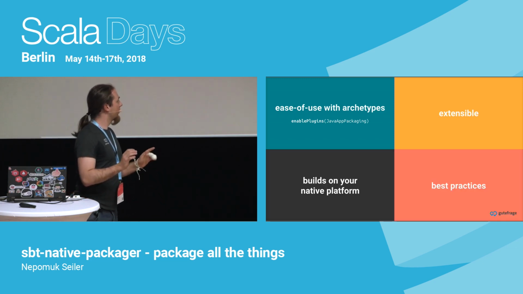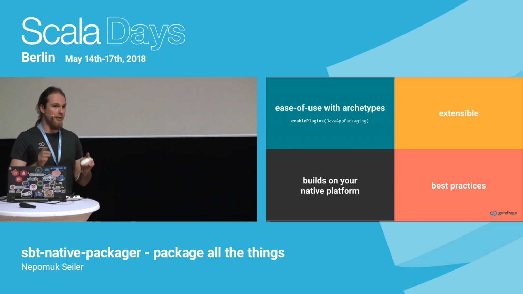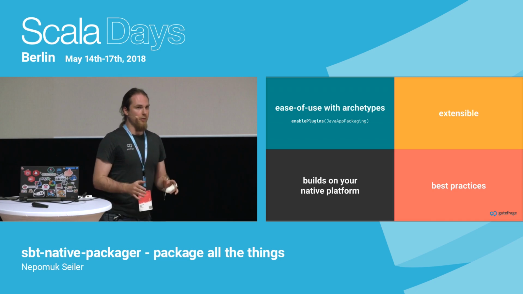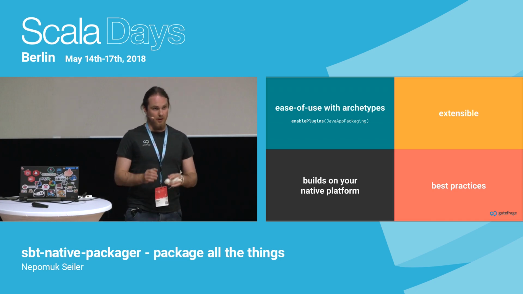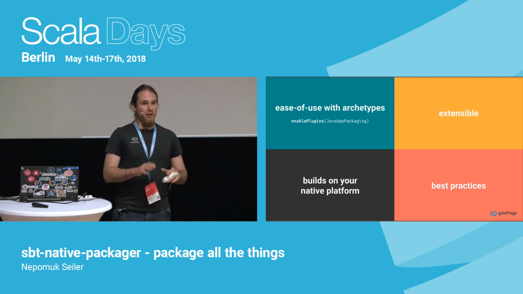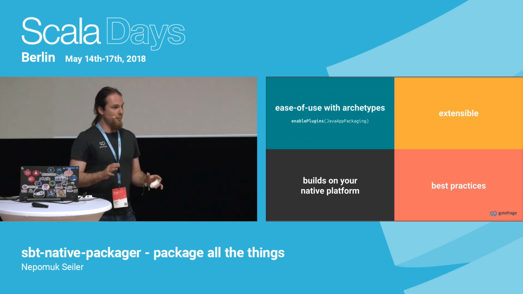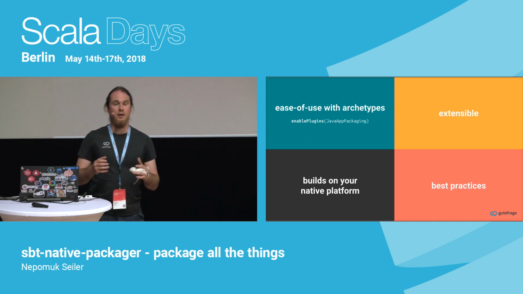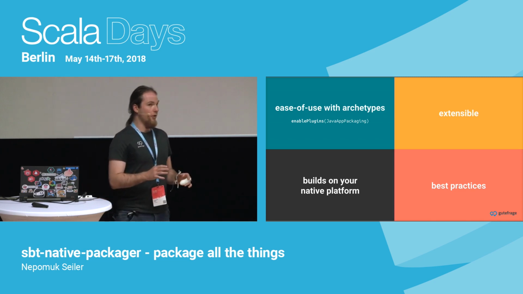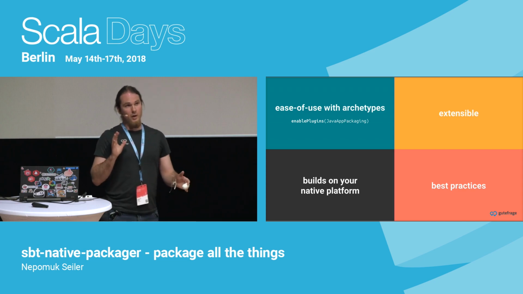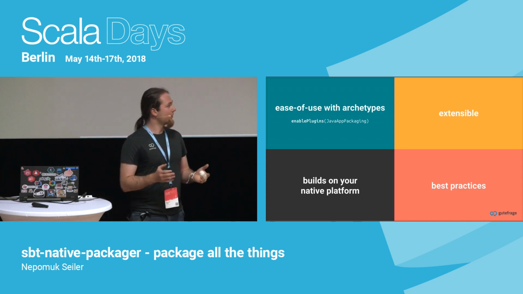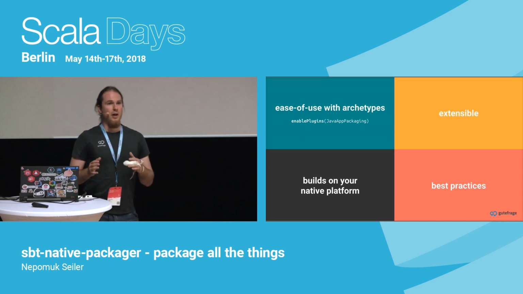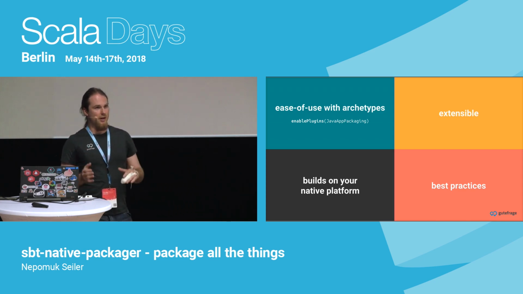One of the very core principles is that sbt-native-packager is supposed to build on your native platform. So if you want to build a Debian package, it should build on a Debian platform. Everything on top is a nice feature, but it's not in our very narrow scope. You can build a Debian package on a Windows system, because we have a JDeb packaging plugin that enables a Java implementation of Debian packaging, but it's not our core focus to maintain this.